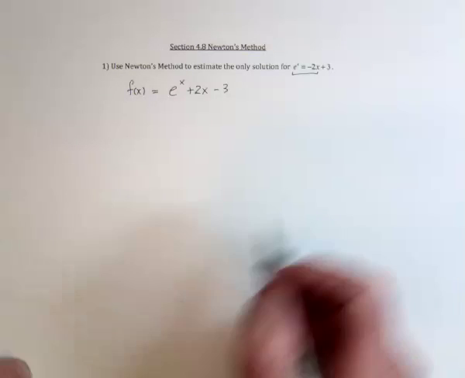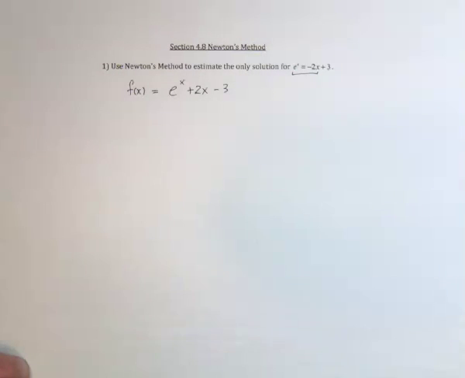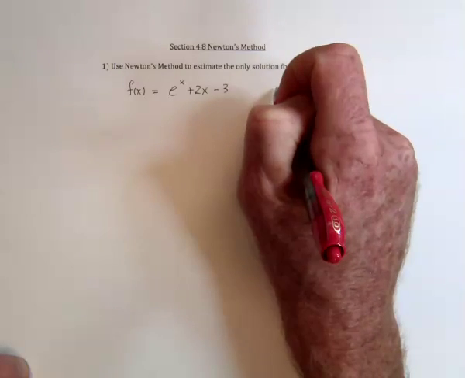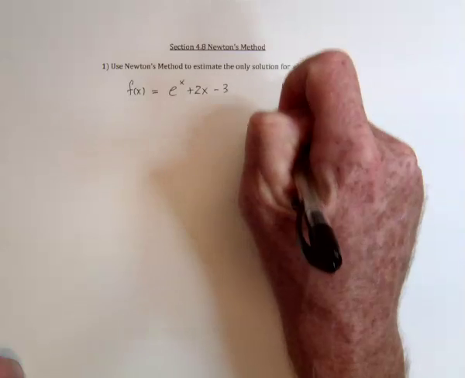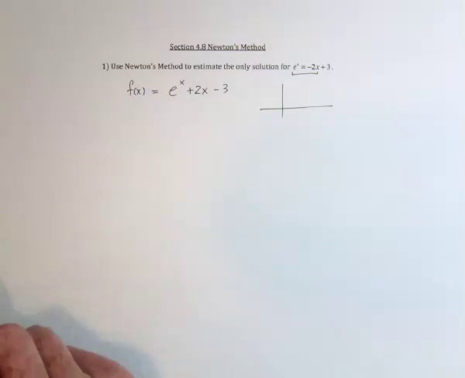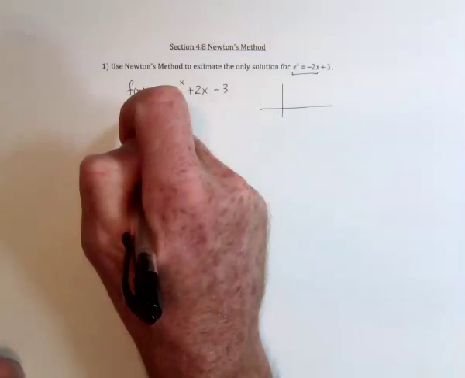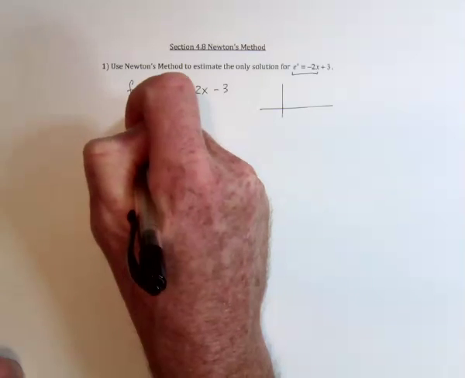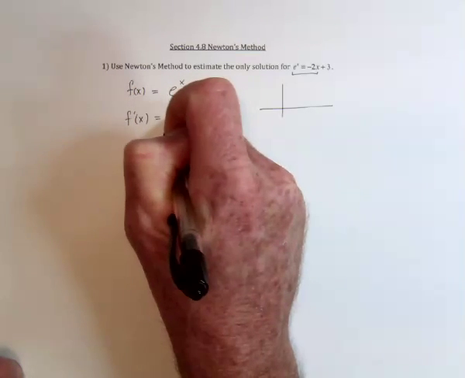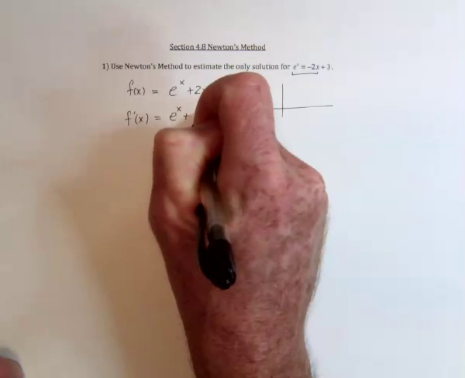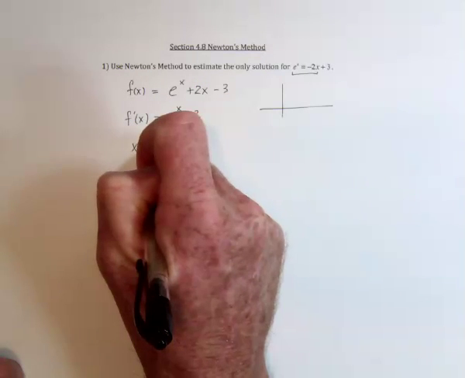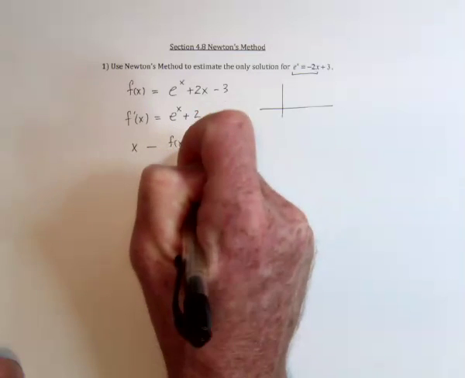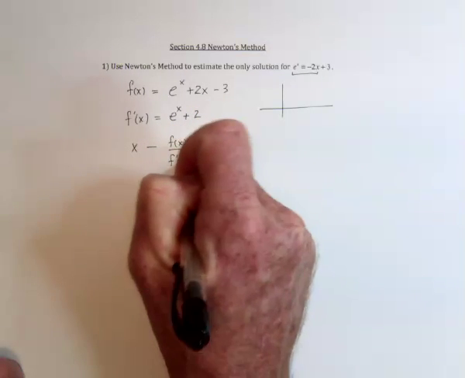And then we use the idea that we make a guess, and after we make a guess, we use the derivative. The derivative would be e to the x plus 2. And then the general formula is x minus the function over the derivative.